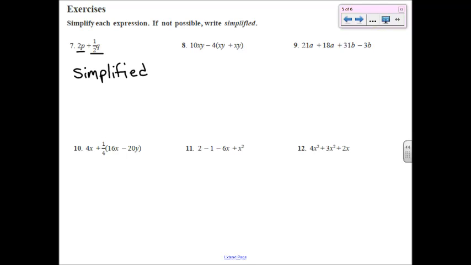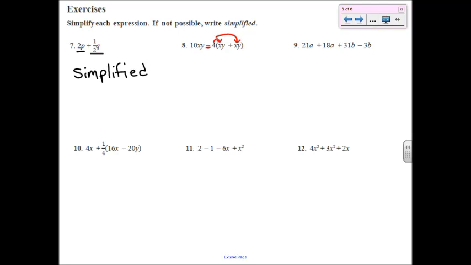Simplify. And number 8, there's a couple of different ways you could do number 8. The way that I'm going to show you is that you would do the distributive property by multiplying the 4 through.